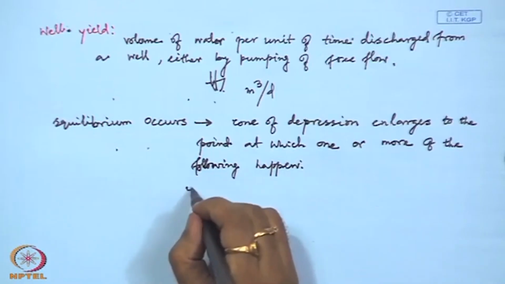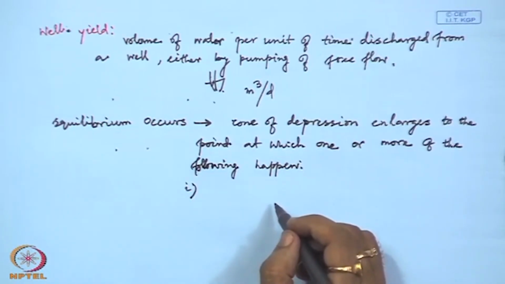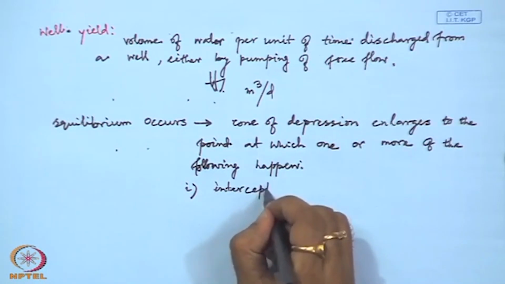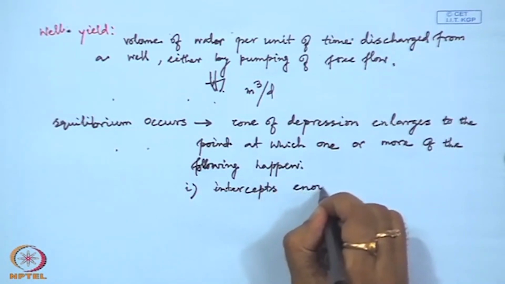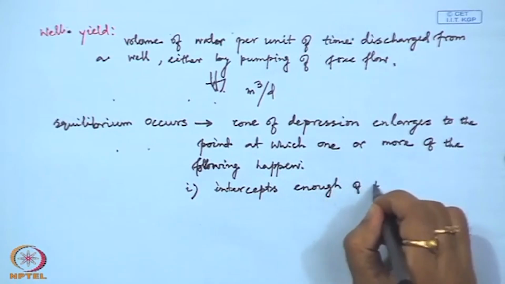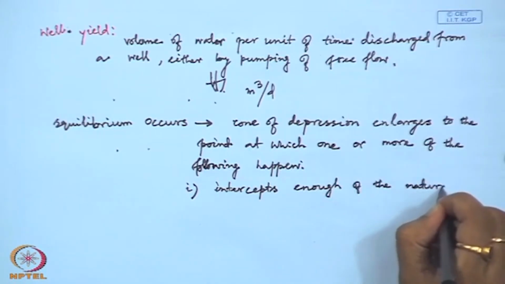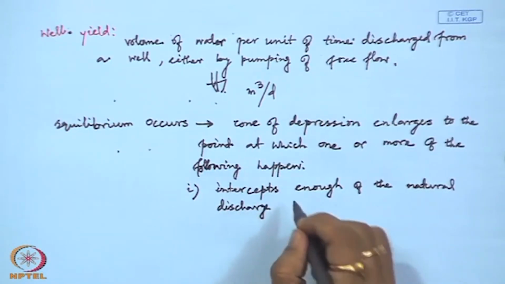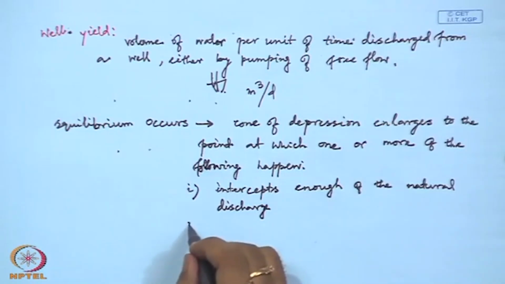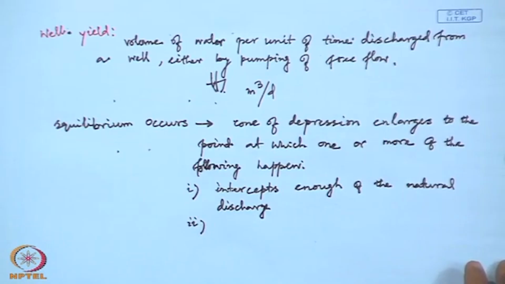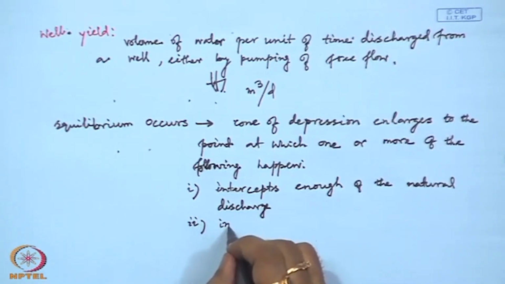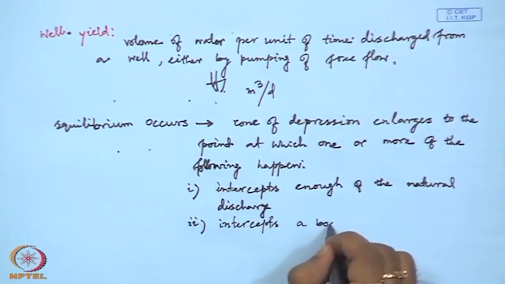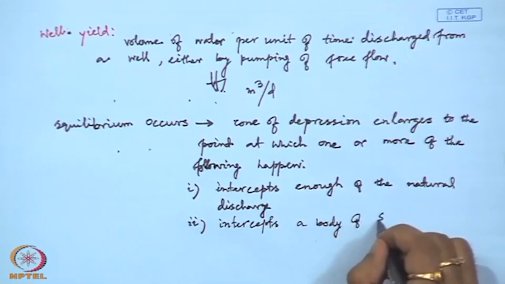One is it intercepts enough of the natural discharge from the aquifer. Second thing, it intercepts a body of surface water.